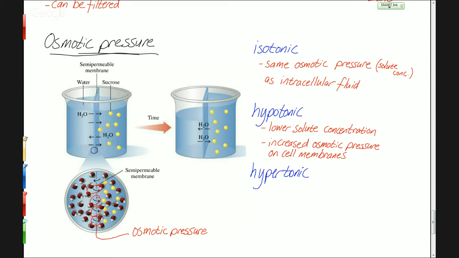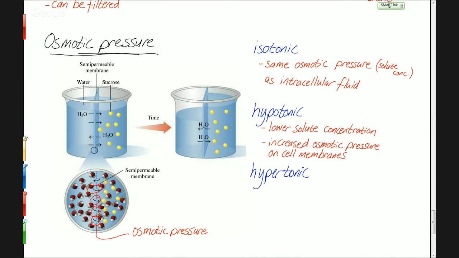And when we talk about solute concentration, I'll give you some numbers in a minute, we're talking about total particles. So it's not like you can have a 0.9 solution sodium chloride and then just also have a bunch of other stuff in there. The total count of the stuff that's dissolved has to be the same as inside the blood, because the osmotic pressure doesn't care what's dissolved exactly.